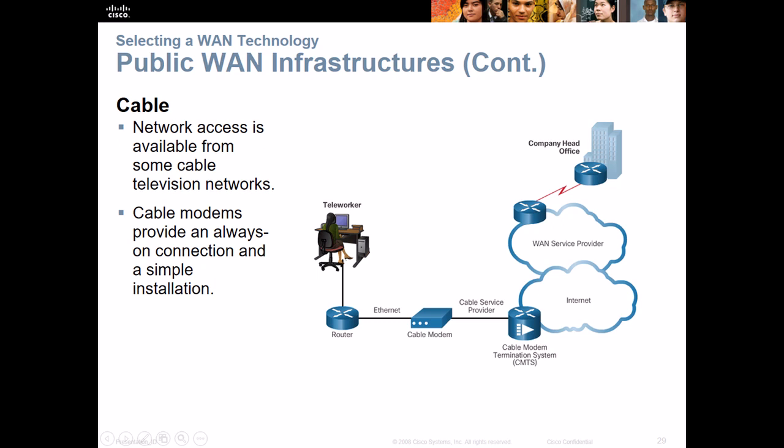Since you have a cable TV connection to your home, what they did is they dedicated a specific amount of frequencies within the cable just for data, and the rest of the frequencies will be used for video. So if you have a bandwidth of 100 meg coming to your home, all that bandwidth was used for video. Now they dedicate, for example, let's say 30% of it for data, and the rest will be for video.